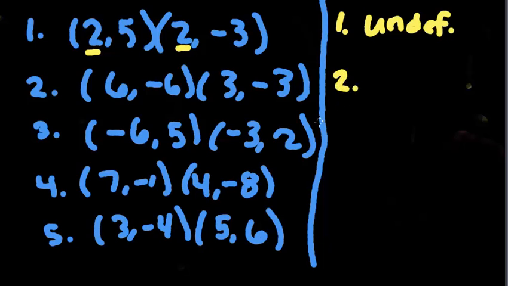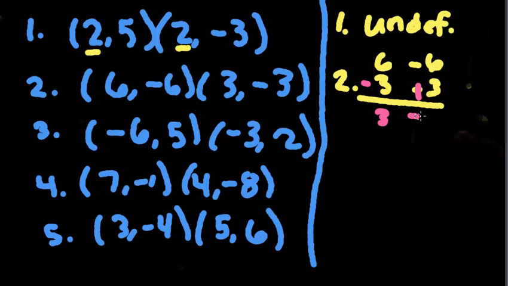Number 2, we should have subtracted (6, -6) and (3, -3), and you're going to do your keep, change, change. So this is going to become a negative, and this becomes a positive. And when you subtract, you get a 3 and a -3. You do the ratio of -3 over 3, and you get a -1 as your answer.